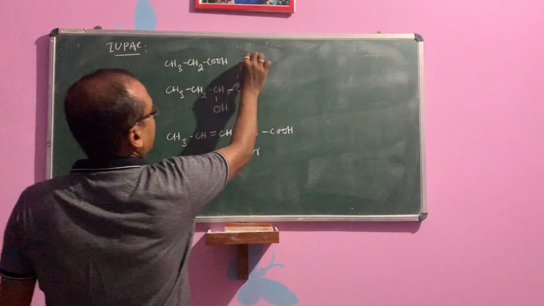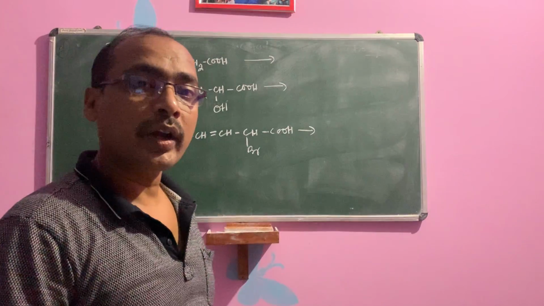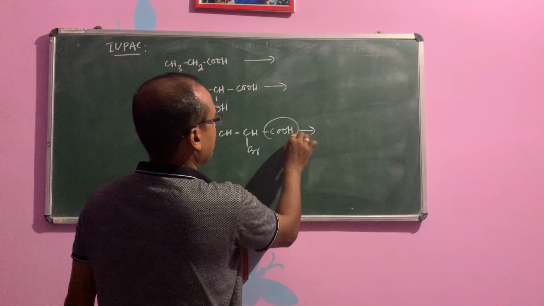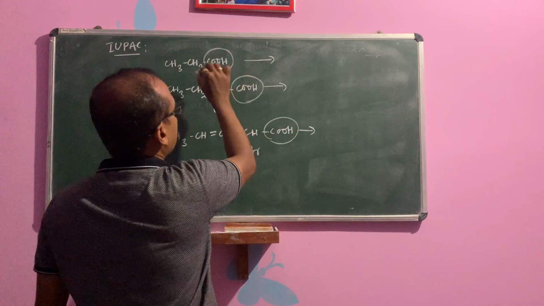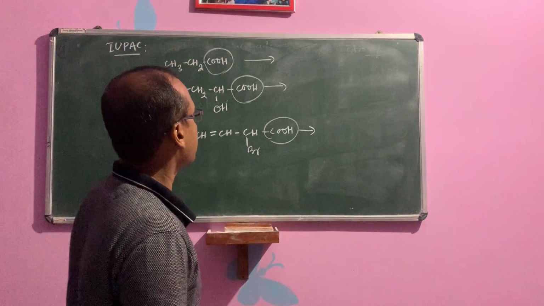You can write the IUPAC names. Carboxylic acid COOH is the secondary suffix, always the superior functional group. If any compound contains carboxylic acid, you consider it the secondary suffix.